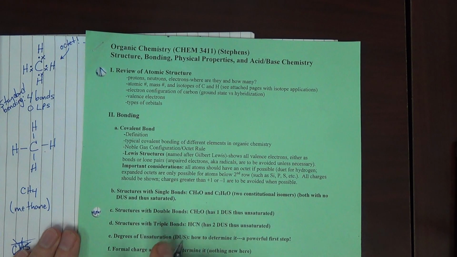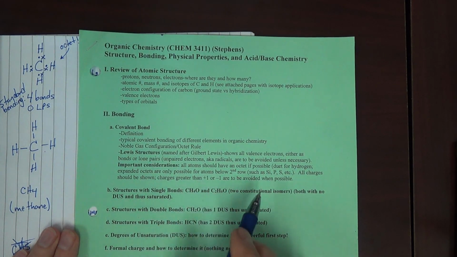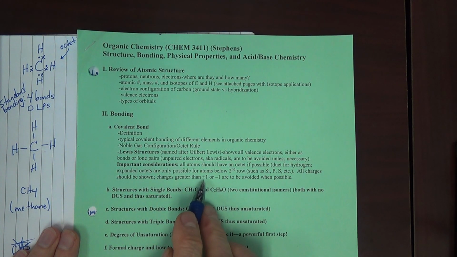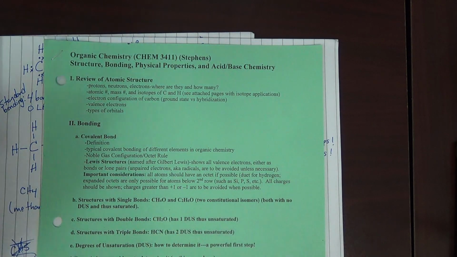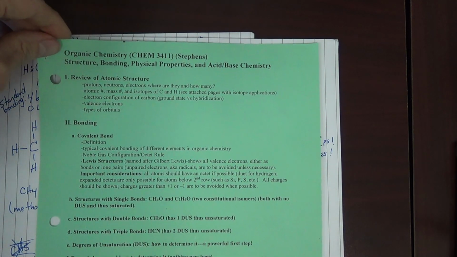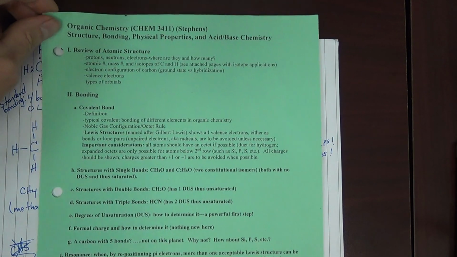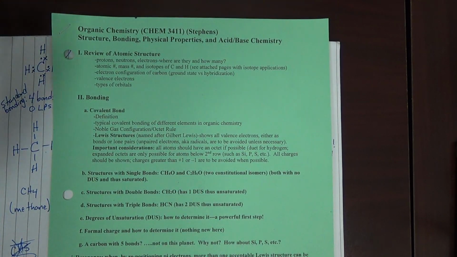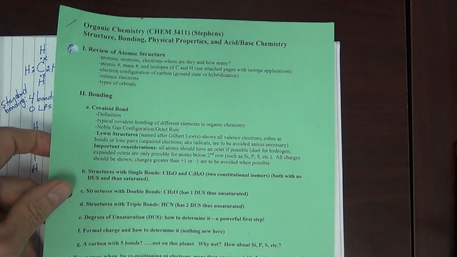Now once we start talking about charges, we'll see that for organic chemistry and the common elements we see here, usually there's going to be a max of plus or minus 1. We would not often see charges greater than that in organic chemistry, unless we're looking at traditional inorganic type compounds.